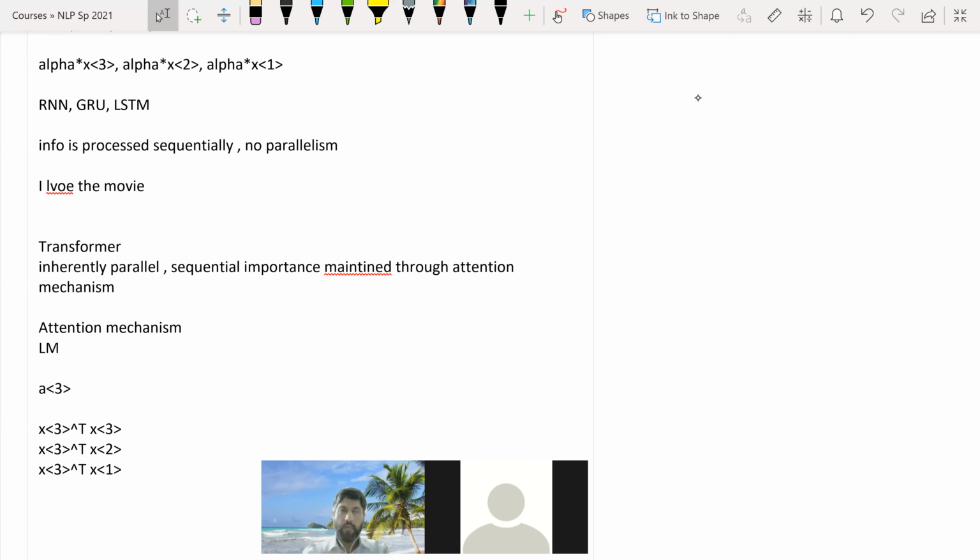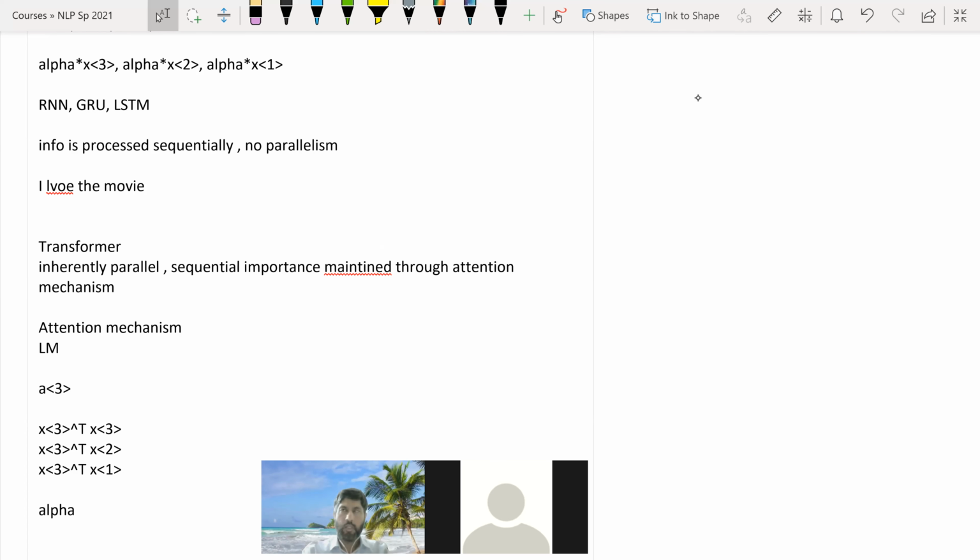So now you have three values. Let's say we are processing X3. For X3 you have three values of attention: X3 with itself, X3 with X2, X3 with X1. You can call these scores, but we will normalize these scores to generate alpha.